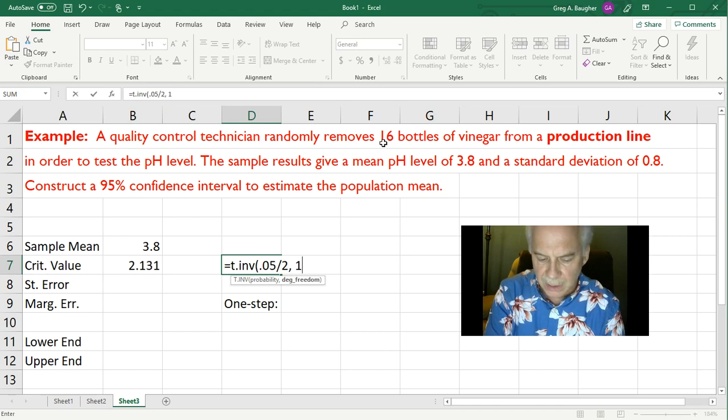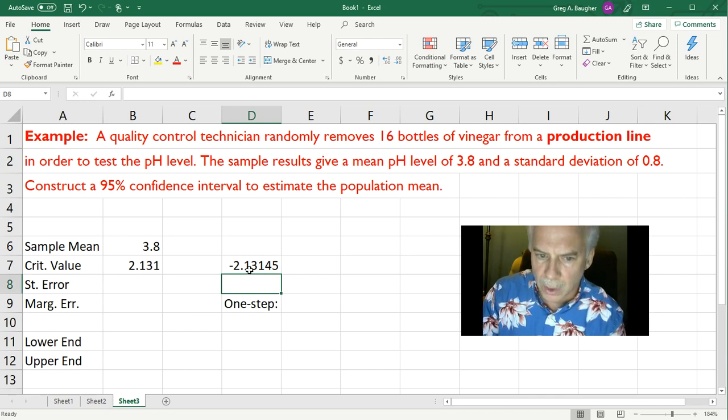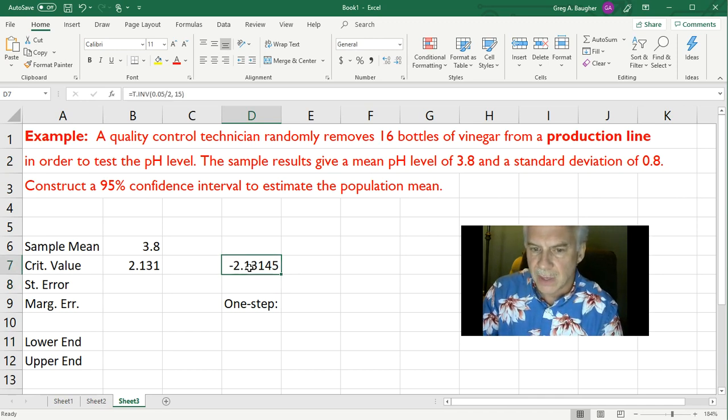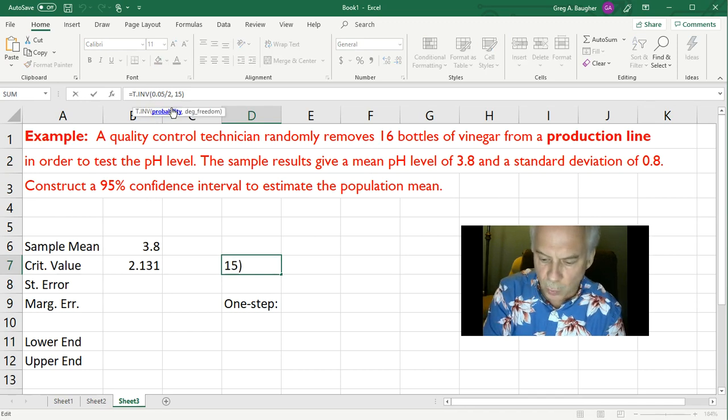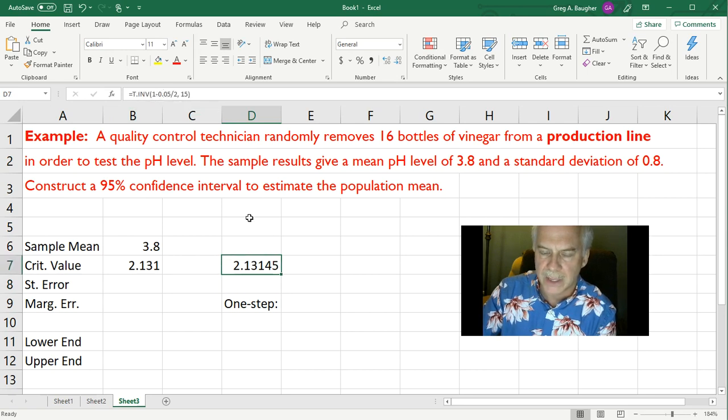So 16 minus 1 is 15. And so you do that and you get 2.131. Now that's negative because I forgot to put 1 minus. You have to do 1 minus the probability, the alpha divided by 2 probability. So I changed that, and now it's correct when you go 1 minus that.